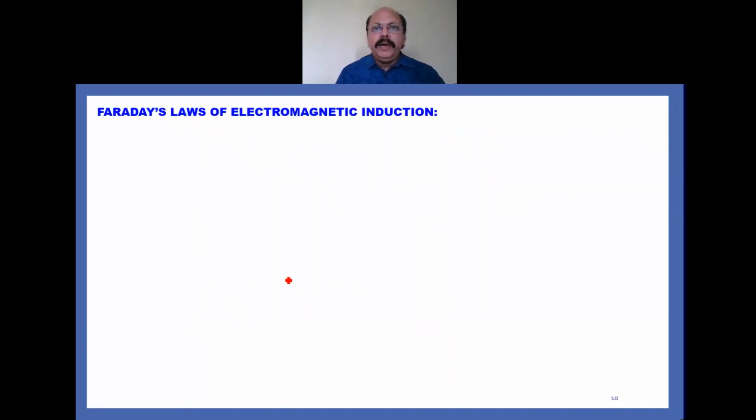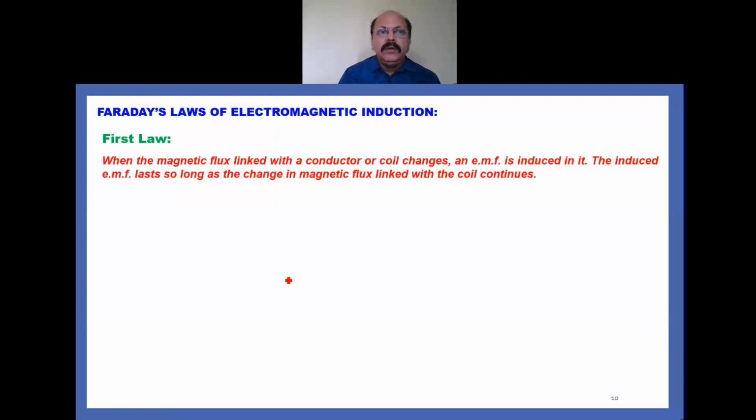Faraday's laws of electromagnetic induction. So whatever we learn from Faraday's experiment, from that we formulated two laws which are given by Faraday. First law: when the magnetic flux linked with a conductor or coil changes, an EMF is induced in it, and the induced EMF lasts so long as the change in magnetic flux linked with the coil continues.